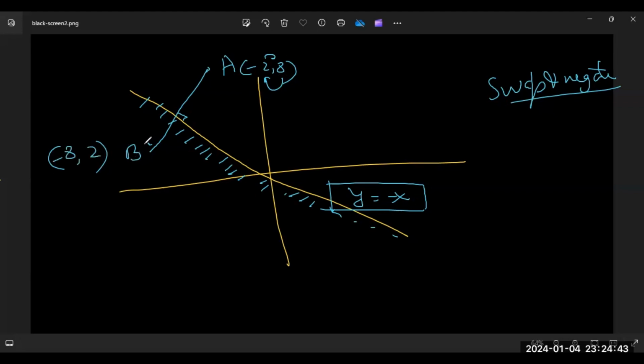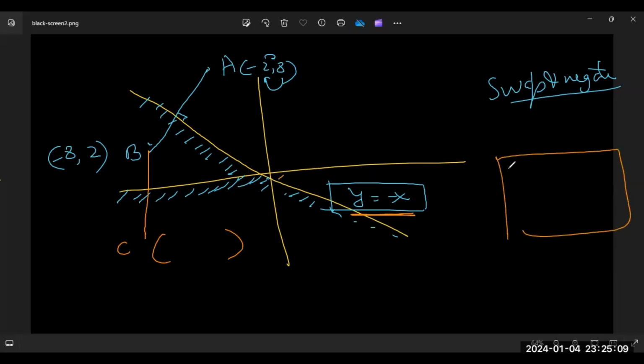Now, what is the next sentence? The x-axis is now the perpendicular bisector, meaning that is now the mirror line of the line BC. So what will be the coordinates of C? Again, swap and negate? No. That is only for y equals minus x. For the mirror line being the x-axis, what must you do?